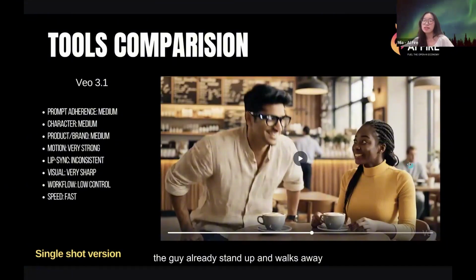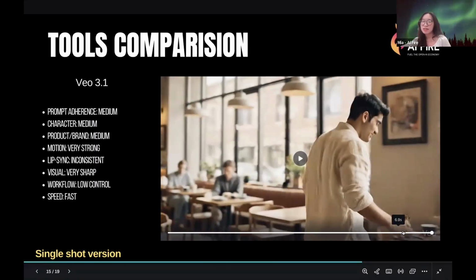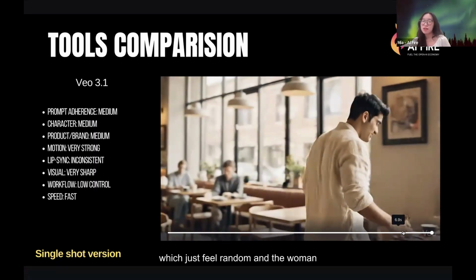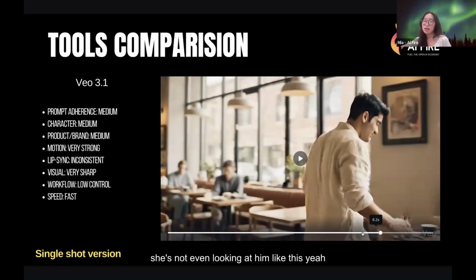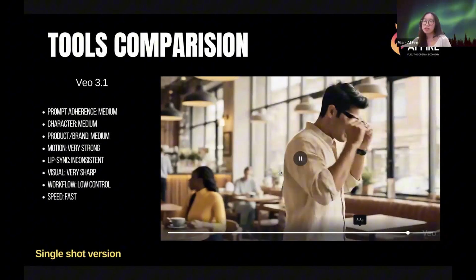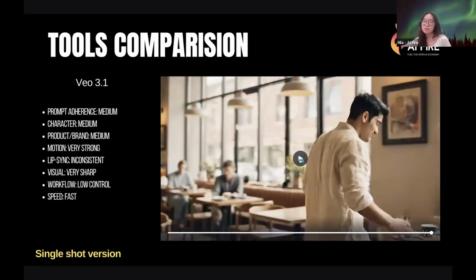The guy already stands up and walks away, and then he suddenly takes off his glasses at the end of the scene, which just feels random. And the woman, she's not even looking at him. So yeah, it looks good, but it's messy underneath. And this would take a lot of fixing.